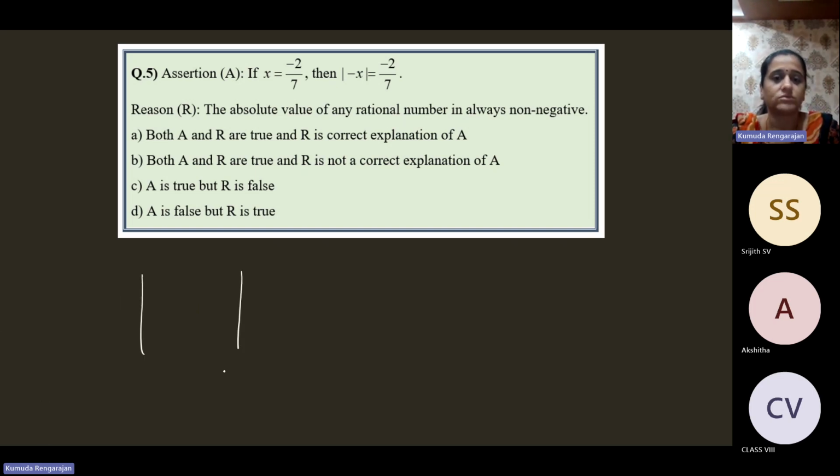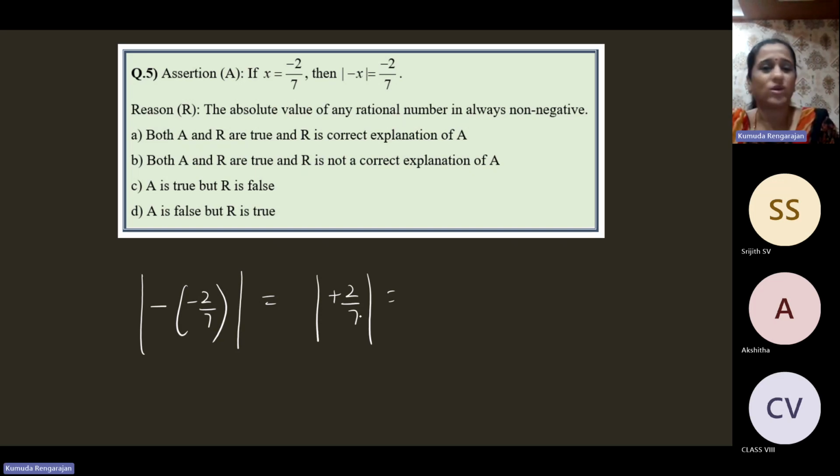Absolute value of minus x. So minus x, what is x? Minus 2 by 7. Let's simplify this. It is nothing but the absolute value of minus into minus, plus 2 by 7. Absolute value of anything, whether positive or negative, is always positive, is 2 by 7.